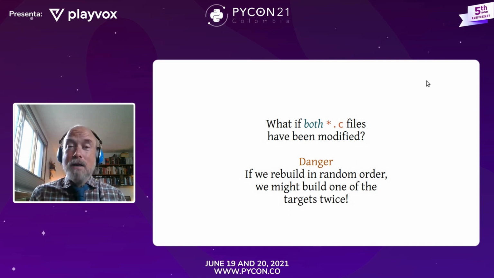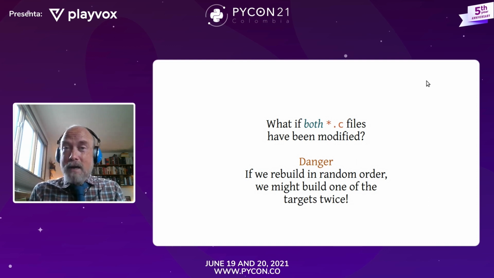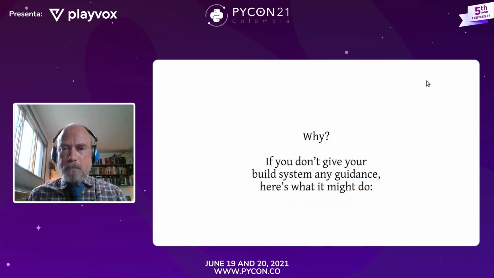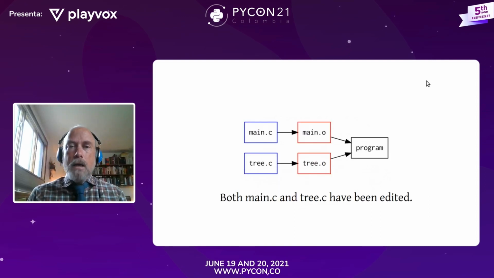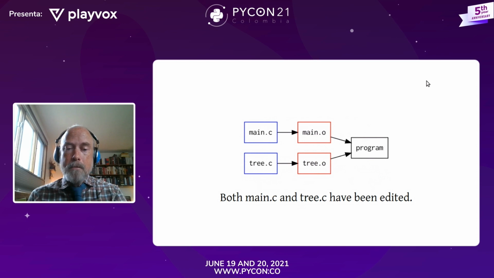Then there's danger. If we rebuild in a random order, we might build one of the targets twice. Why? Well, if you don't give your build system any guidance, here's what it might do. It notices that both main.o and tree.o are out of date. All right, it has to start with one of them.